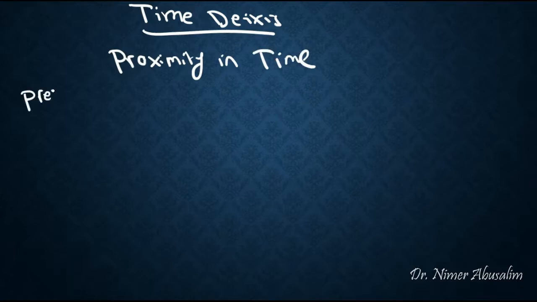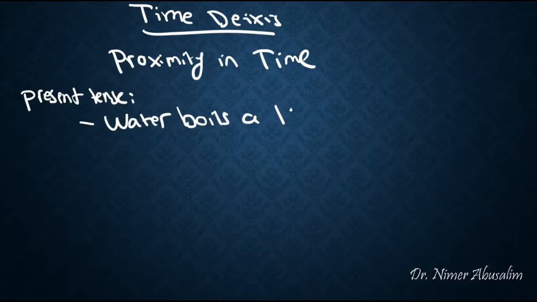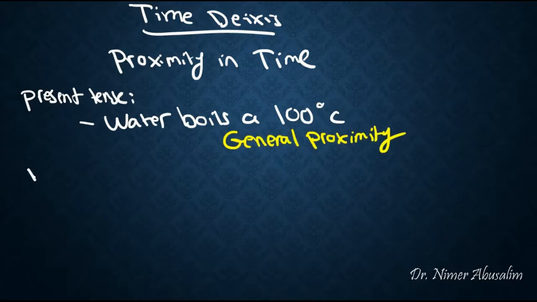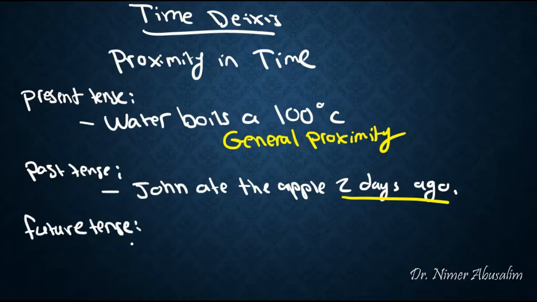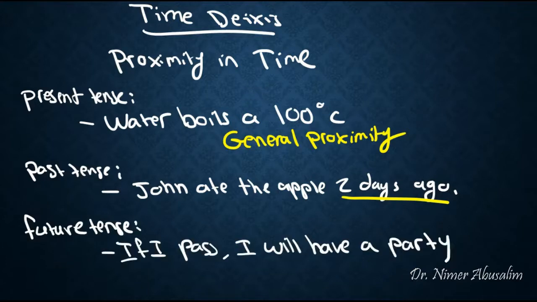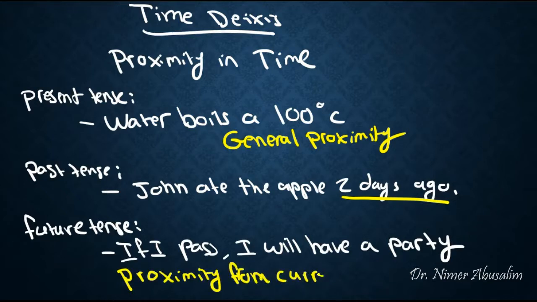I could use the present tense as in water boils at 100 degrees Celsius. Now this shows general proximity. We can also look at the past tense like John ate the apple 2 days ago. So 2 days ago shows proximity from our current time, so in the past. Then there's future tense like if I pass I'll have a party. Now this shows proximity from the current reality of time that we live in.